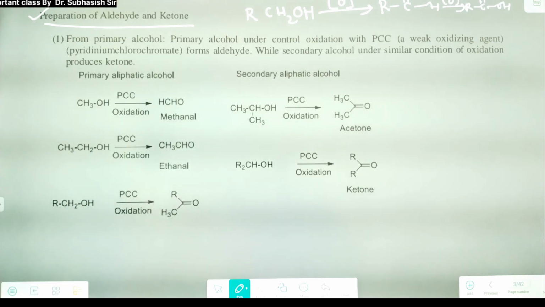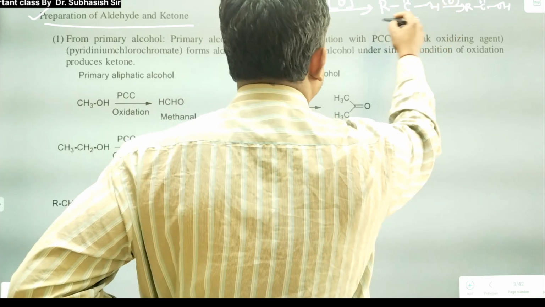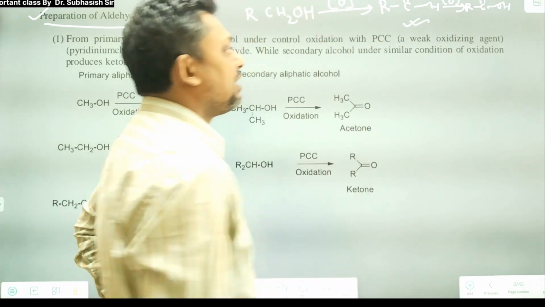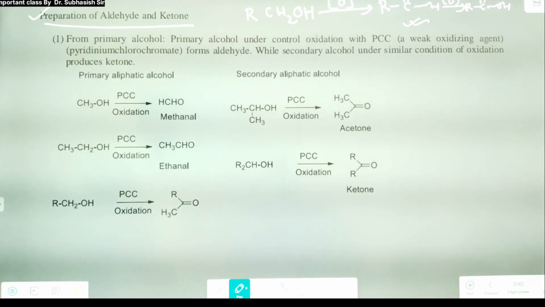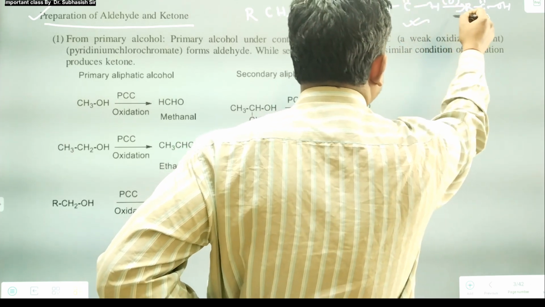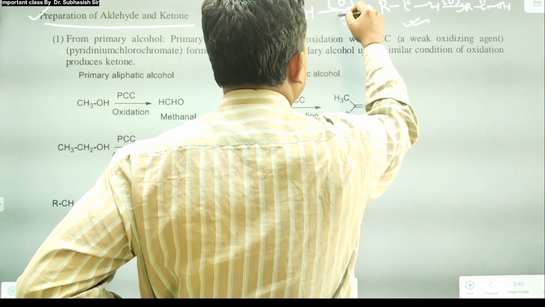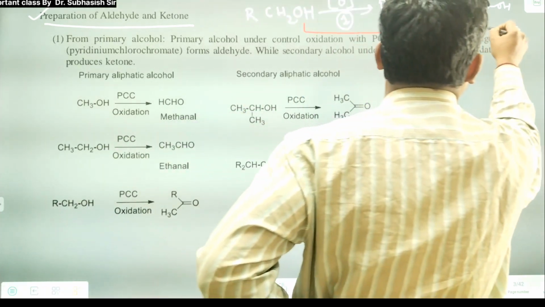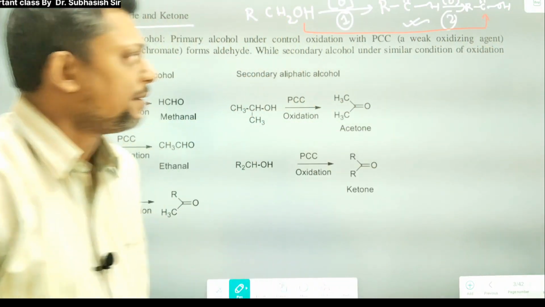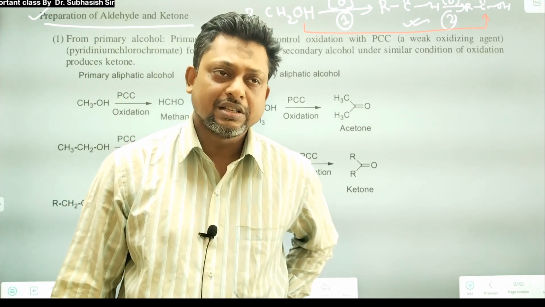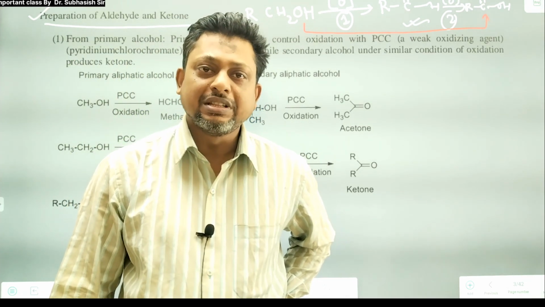What we came to know is that if you use a weak oxidizing agent, we can stop the reaction at aldehyde. But if you use a strong oxidizing agent, that means oxidation occurs 2 times, then we come to carboxylic acids.